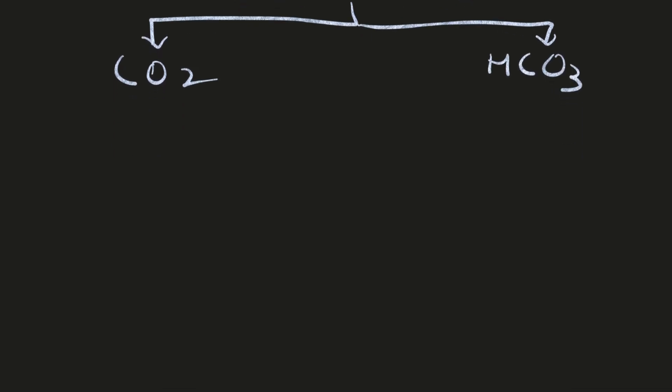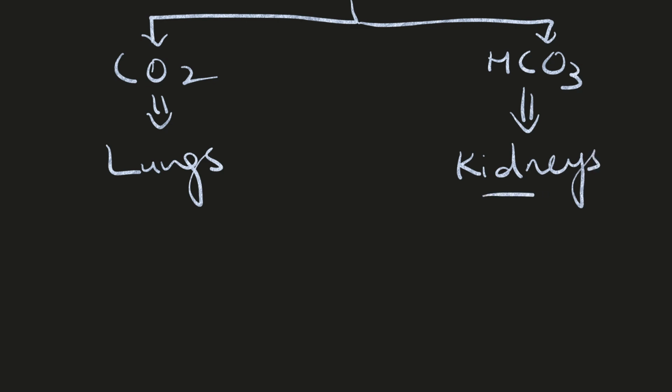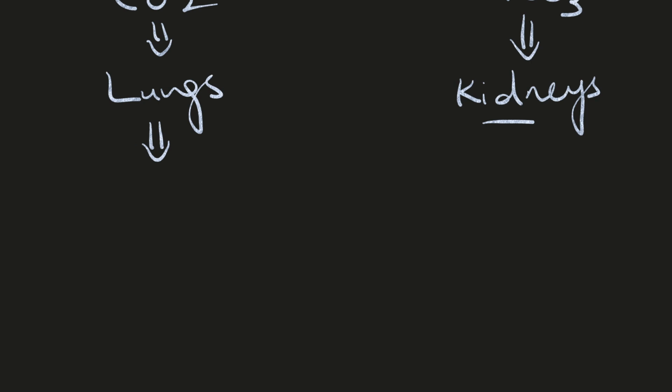CO2 is primarily controlled by the lungs, while bicarbonate is primarily controlled by the kidneys, though there are many other factors, but the kidneys will have a profound effect over the bicarbonate levels. As I have told you already, CO2 is an acid in nature, while HCO3 is basically a base in nature.